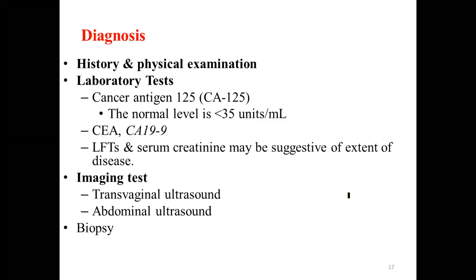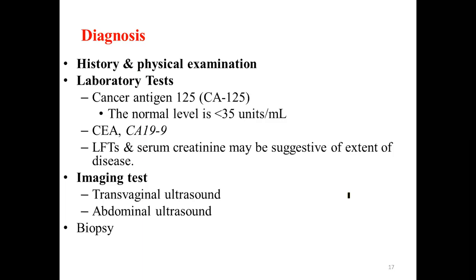Then diagnosis. History and physical examination are very important. We take adequate history from the patient, then do physical examination. Then laboratory tests: CA125 level is usually very important, despite not being specific. By itself, it is not diagnostic for ovarian cancer, but it gives us a clue.